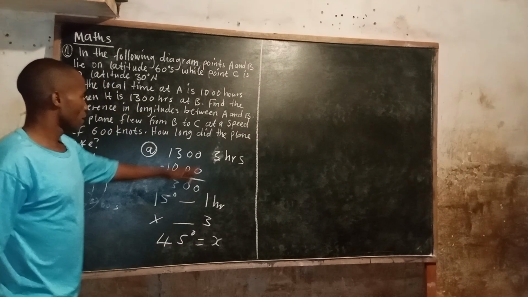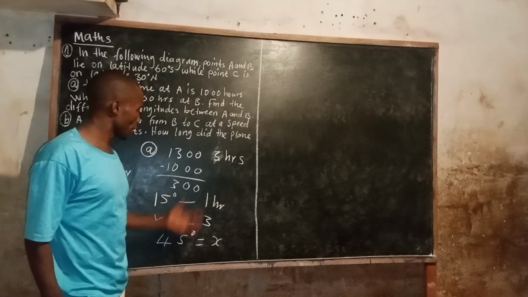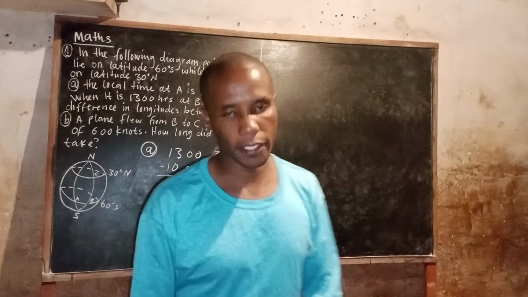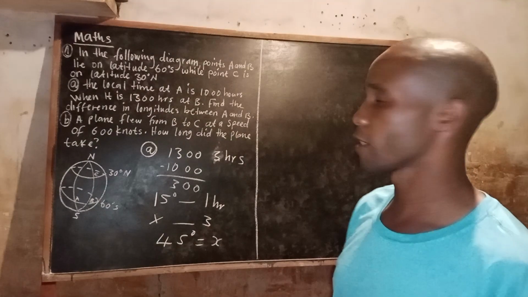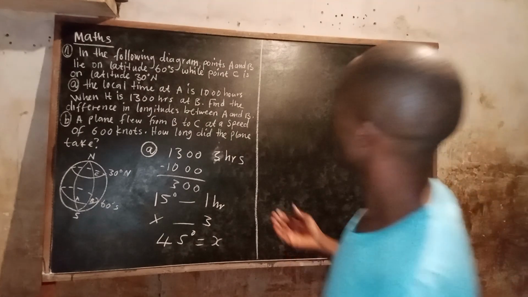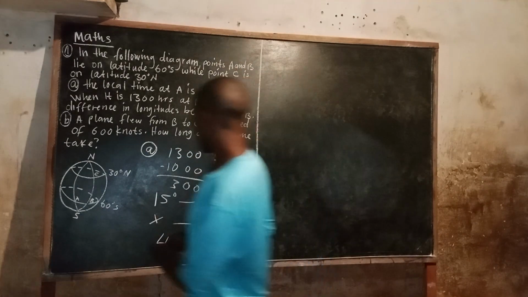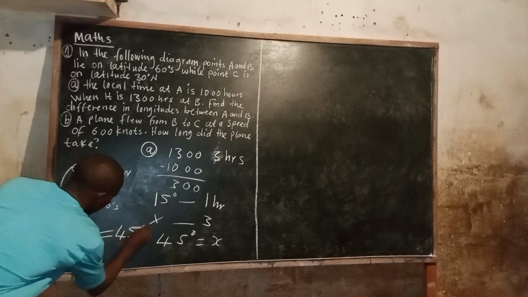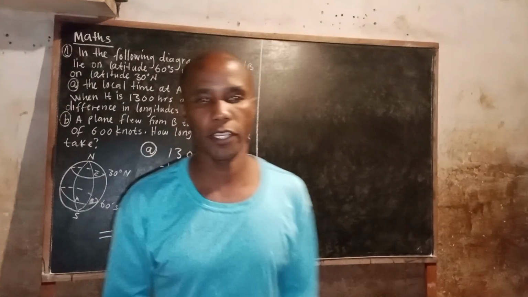So 3 hours in degrees is 45 degrees. That 45 degrees is our difference in longitudes between points A and B. So here the answer is 45 degrees. It means we are done with the first question.